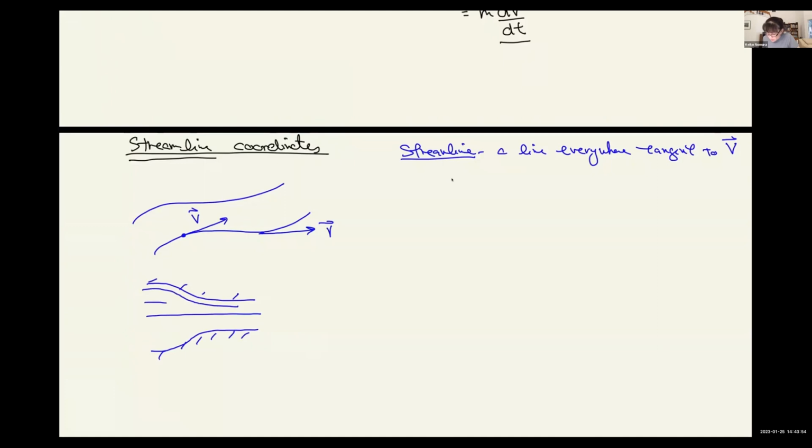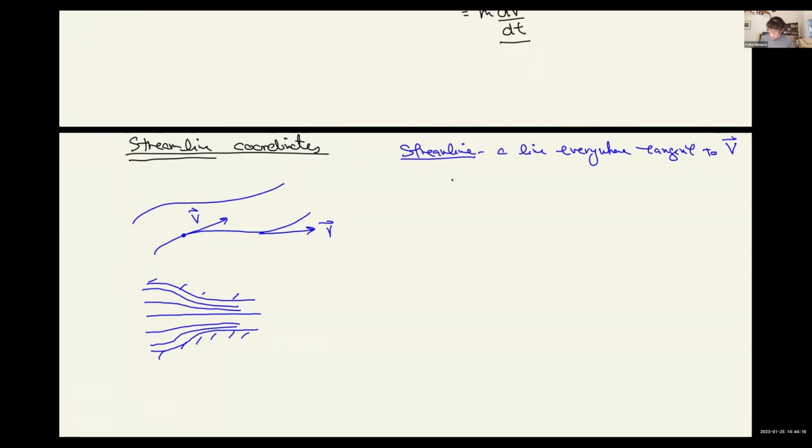So the streamlines and the flow have to follow the geometry. So if you just look at the streamlines, then you have an idea of the direction of the flow. And specifically, it's always tangent to the local velocity vector.